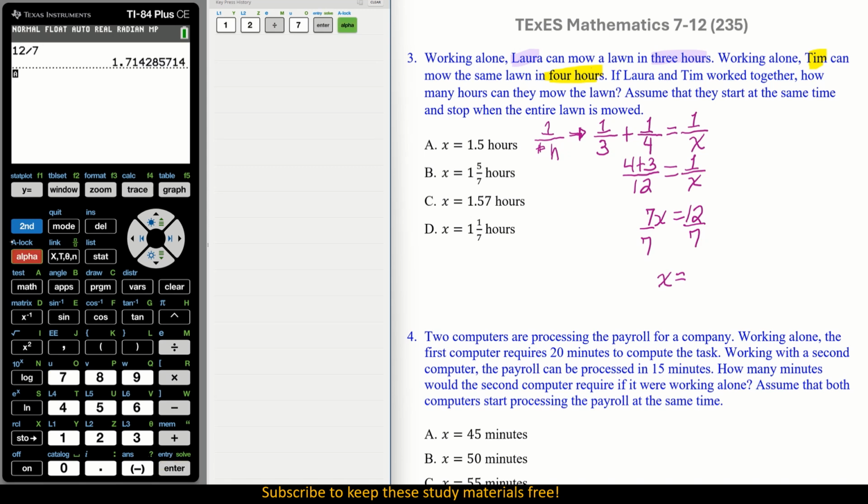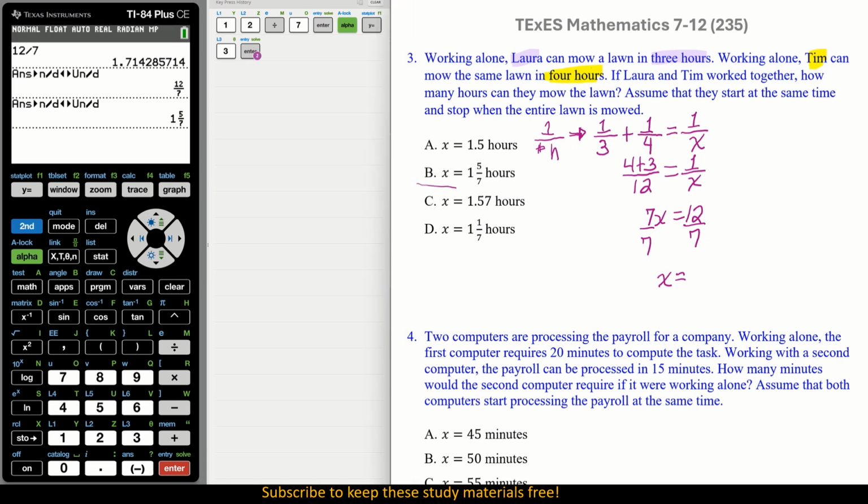So let's go Alpha y equals, and we need to use number 4. No, no, no. Number 3. Number 3 gives us our mixed numbers. Let's go 3 and enter. There it is. Got to enter twice, obviously, because I had it in decimal. Okay, got it. And that means that option B is what we needed.